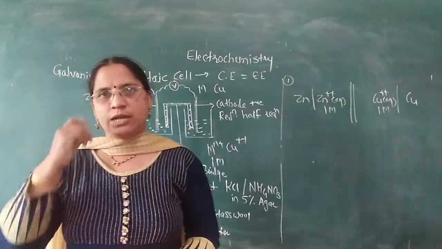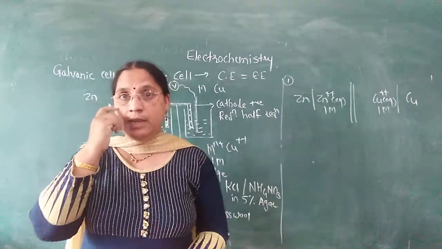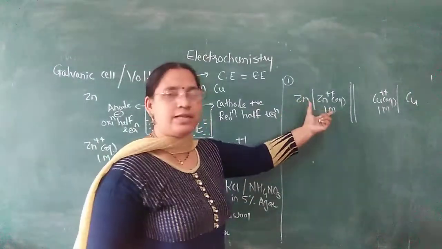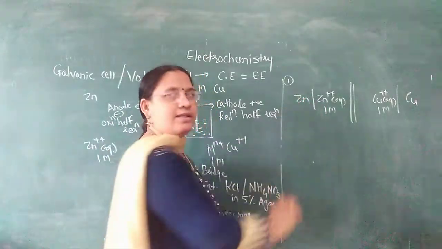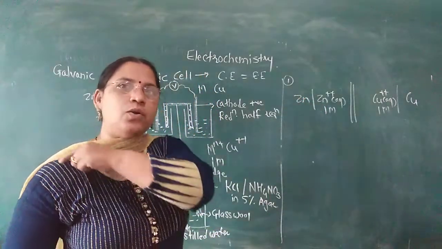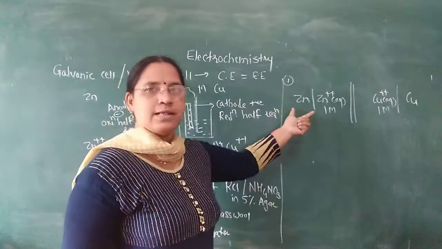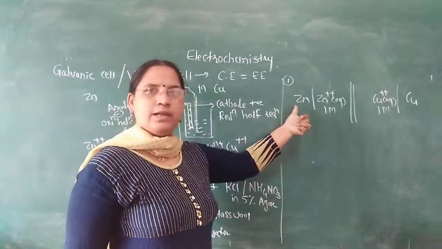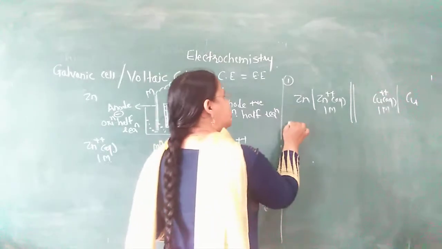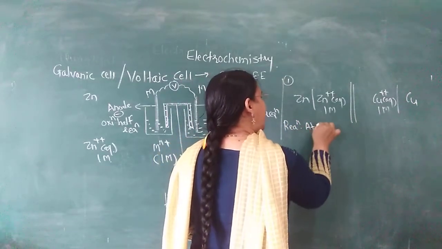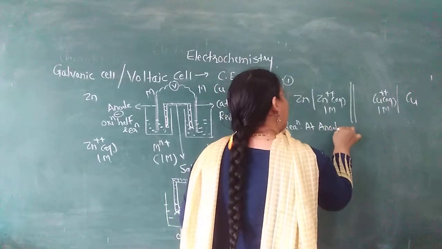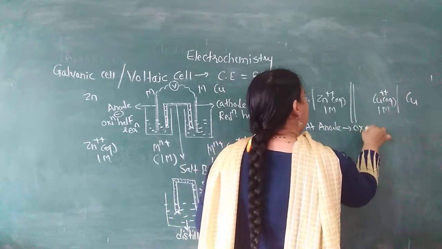How to write the oxidation half reaction and reduction half reaction in a galvanic cell? Suppose this galvanic cell is given in short notation. The electrode on the left side undergoes the oxidation half reaction, or it acts as the anode. So on the left side the electrode is zinc. Reaction at anode: which reaction is at anode?